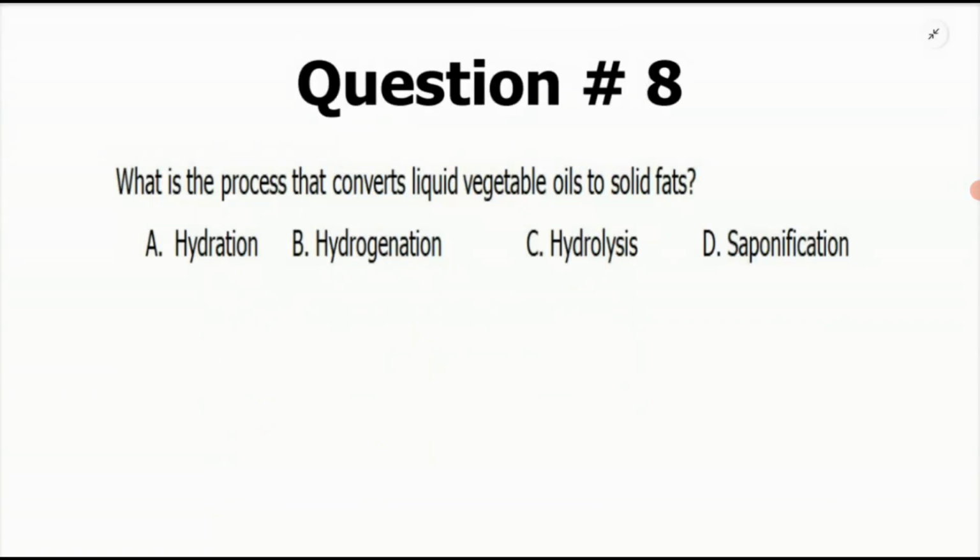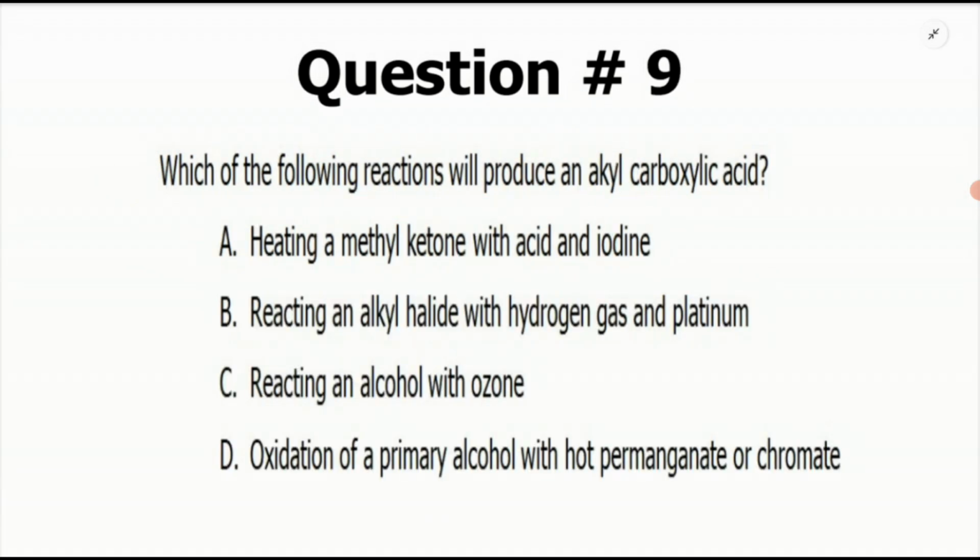Question number 8. What is the process that converts liquid vegetable oils to solid fats? Is it hydration, hydrogenation, hydrolysis, saponification? Which of the following reactions will produce an alkyl carboxylic acid?